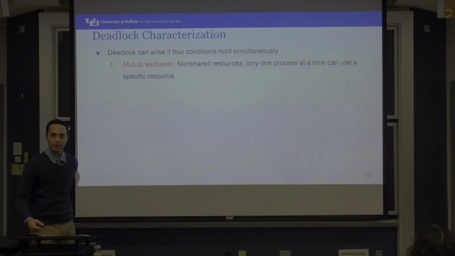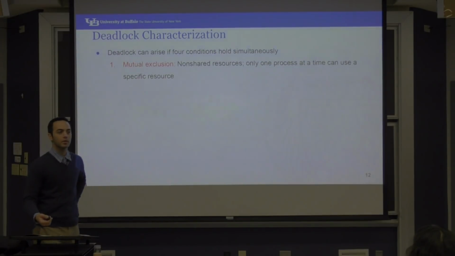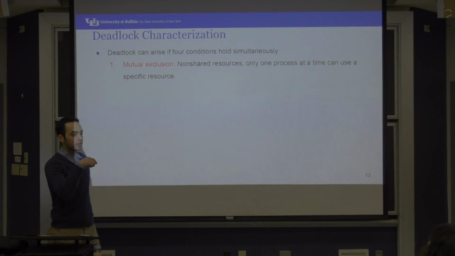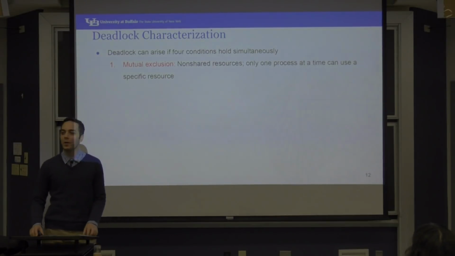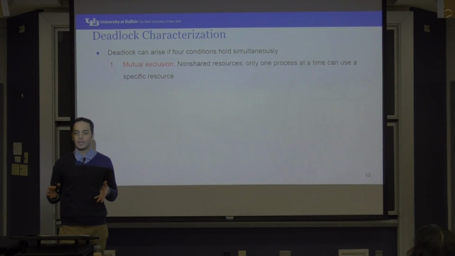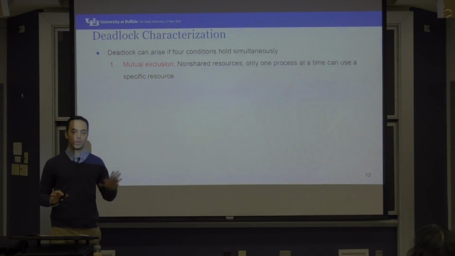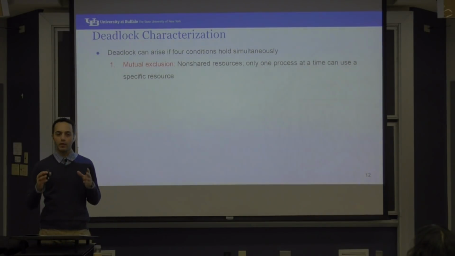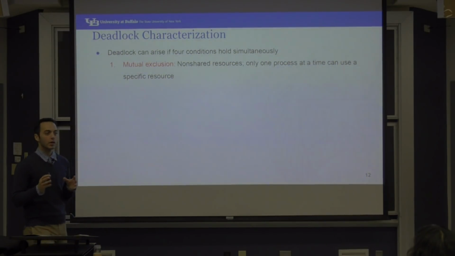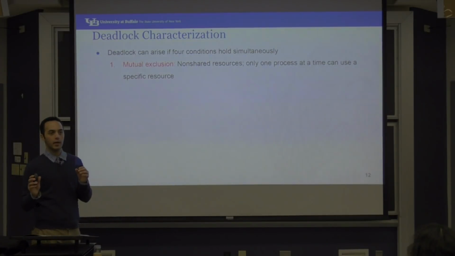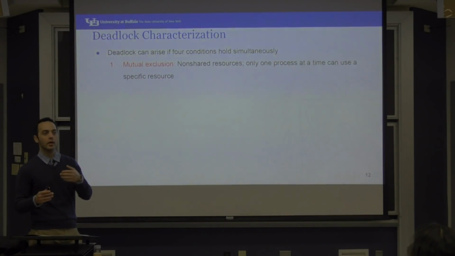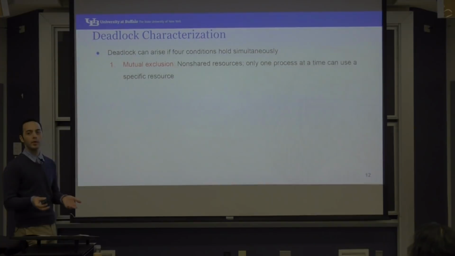Yes, when you have a resource that is non-shareable, right? When you have a resource that can be shared, it doesn't hold. Actually, we're going to see an example. But when you have mutual exclusion, other processes have to fight for the resource, and that is a requirement for a deadlock.